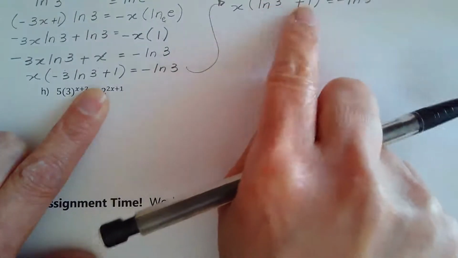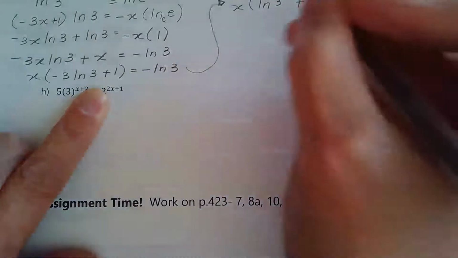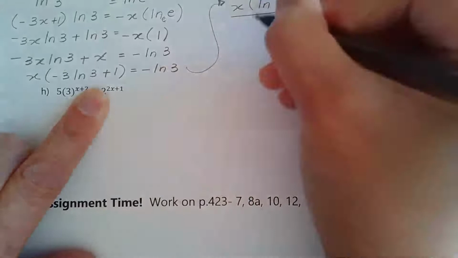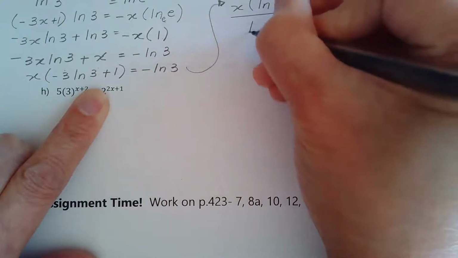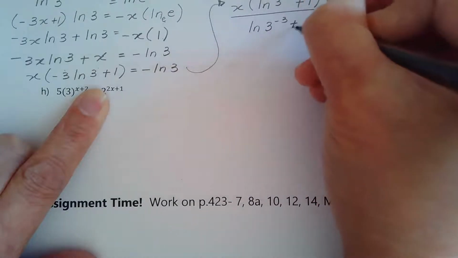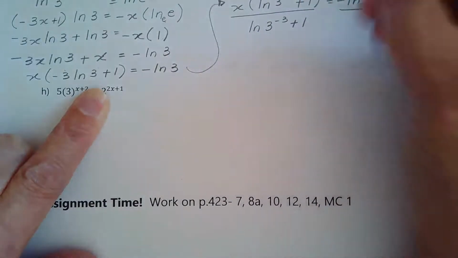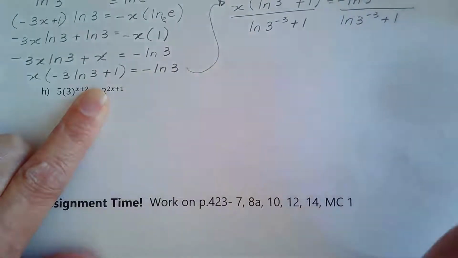And these two, we can't really simplify, so we'll just divide by natural log of 3 to the negative 3 plus 1.